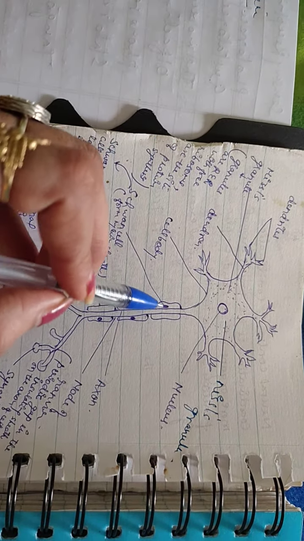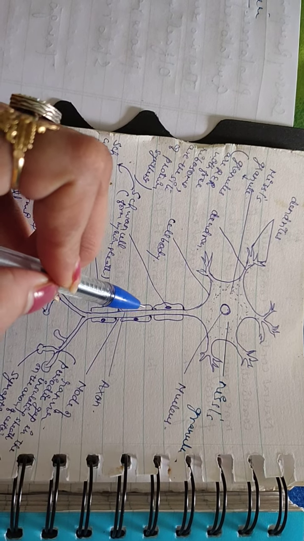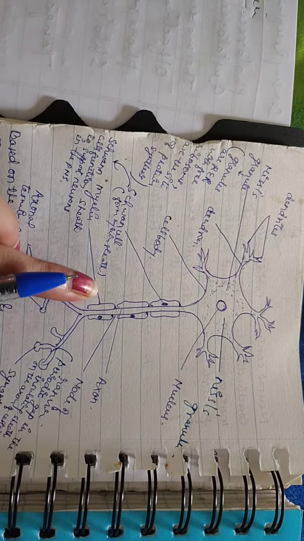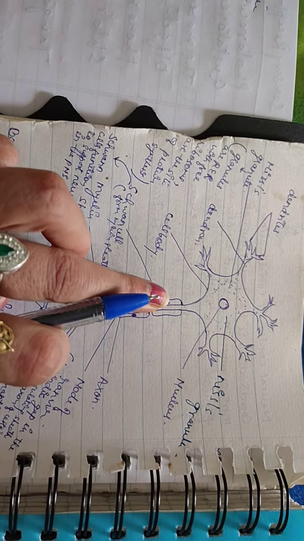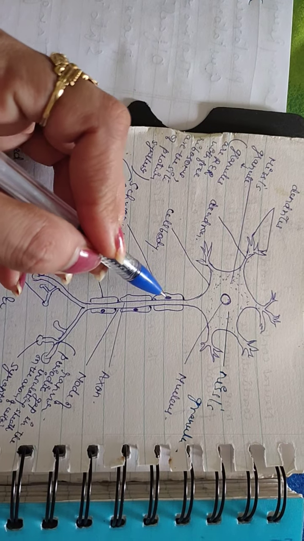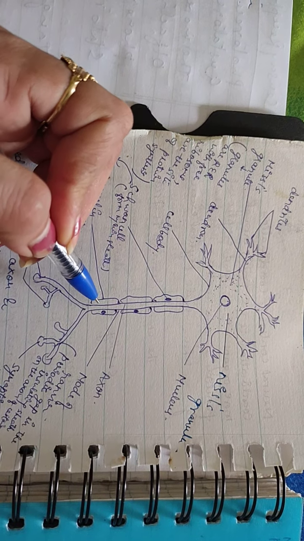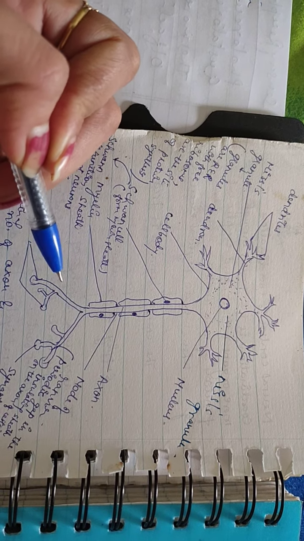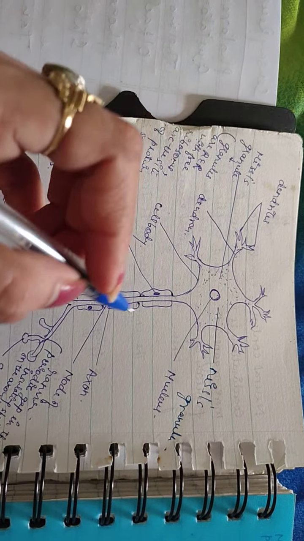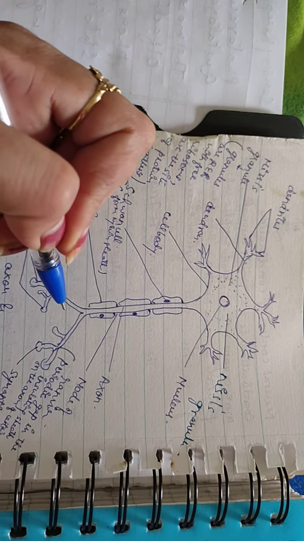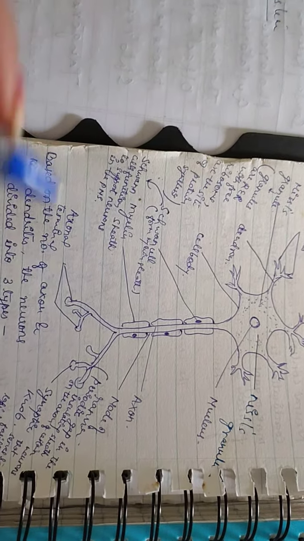There is some covering present, and this is called the myelin sheath. This myelin sheath has some nuclear structure, and this is called the nucleus of Schwann.